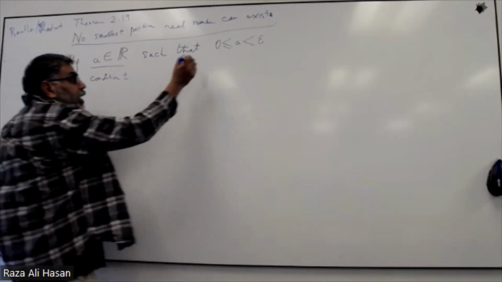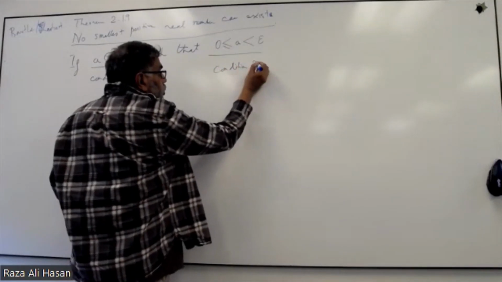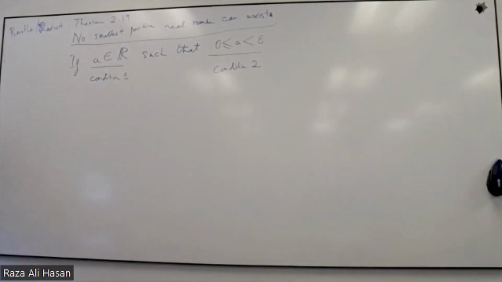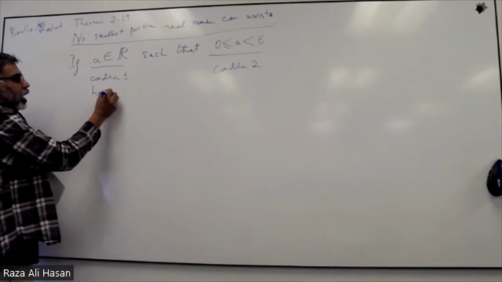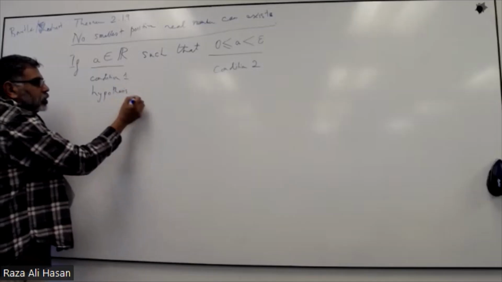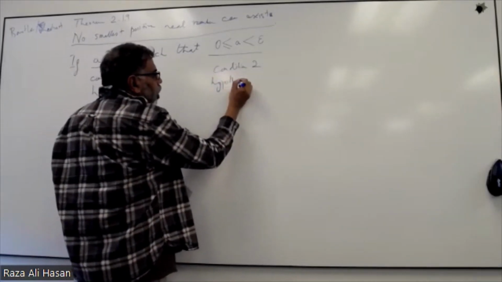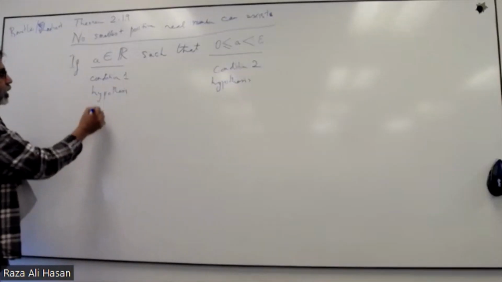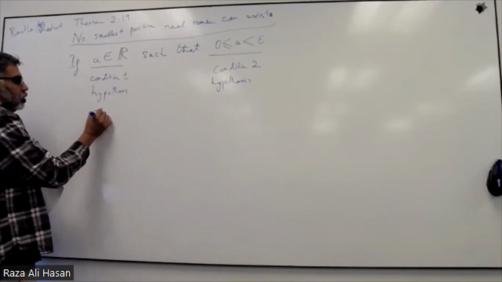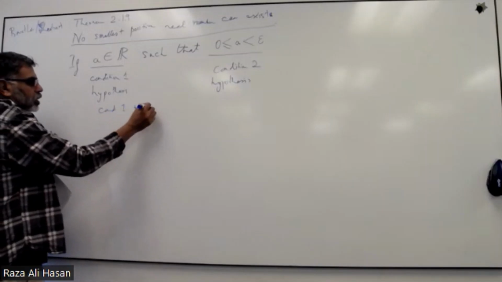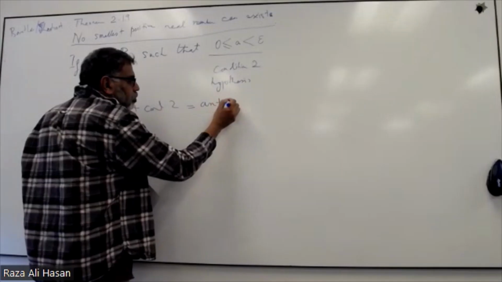This is our second condition. These two, this whole thing here, is part of the hypothesis. This is also part of the hypothesis. Another word for that is condition 1 together with condition 2. So we say condition 1 plus condition 2 equals our antecedent.